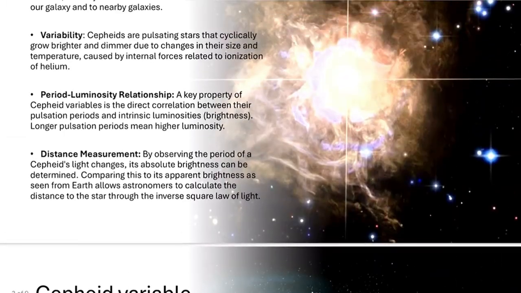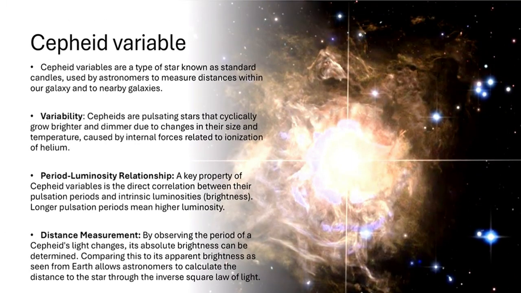So we could be more specific when talking about Cepheid variables: Cepheid variables are pulsating stars that cyclically or periodically grow brighter and dimmer.